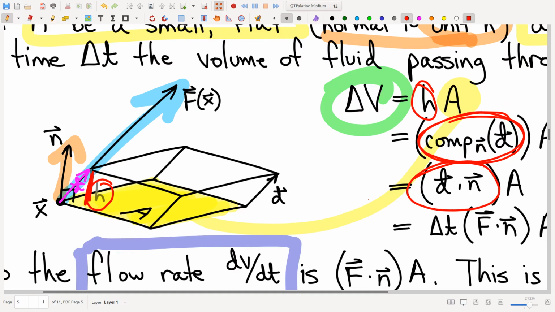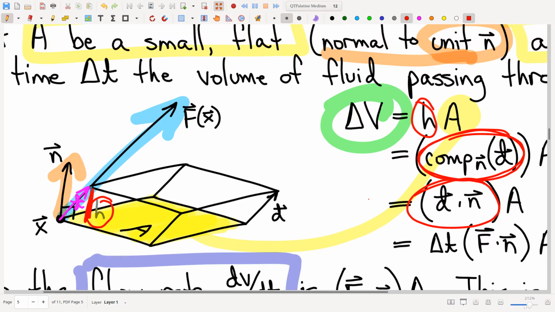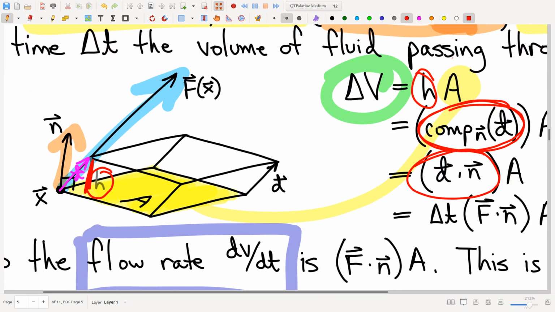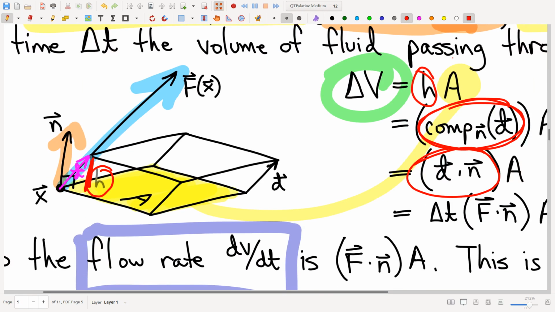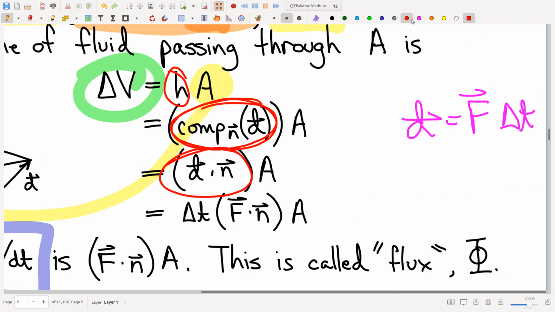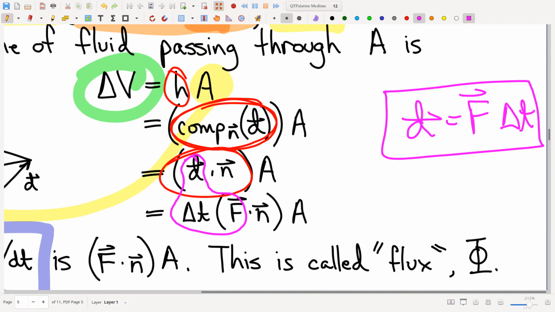That's a unit vector, right? By assumption, using a unit vector N. In fact, we can even see that right here. Handy. Yes, we can rewrite that as that dot product. And then I'm going to plug in what we just deduced about D. D is field vector times delta T. So I plug in for D, field vector times delta T. And we're mostly done with our computation at this point.